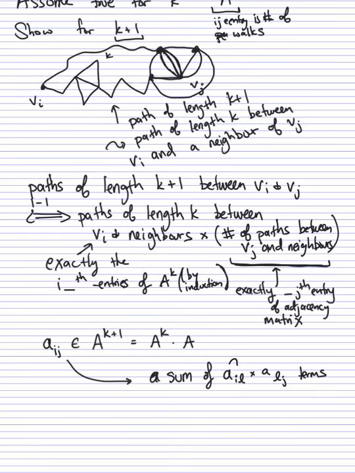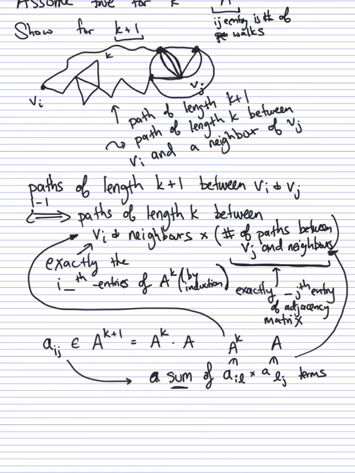Let me just emphasize, the first is in A to the k, the second is in A. When you're taking this sum over all l, so all vertices, you're exactly corresponding to this. So A is counting the number of paths here, and by induction, A to the k is counting the paths here.